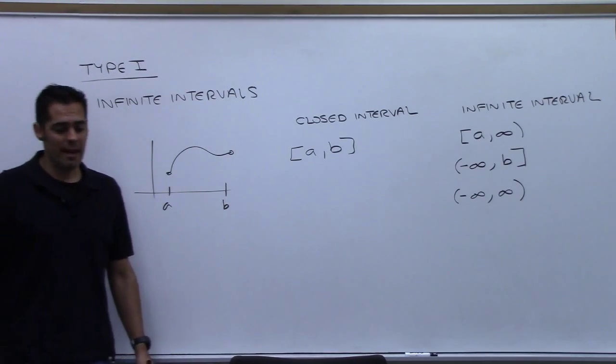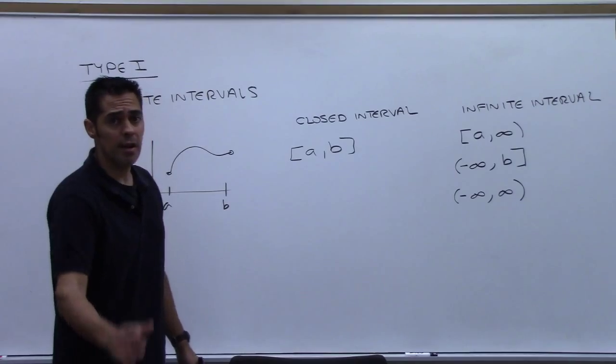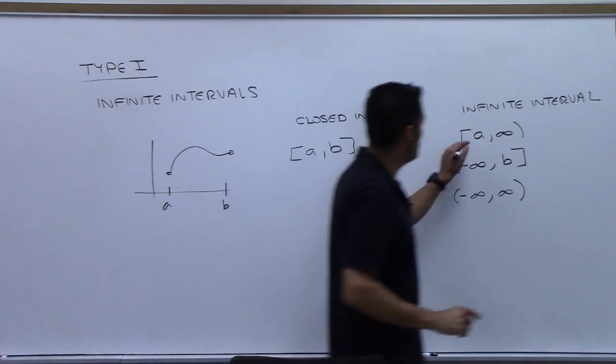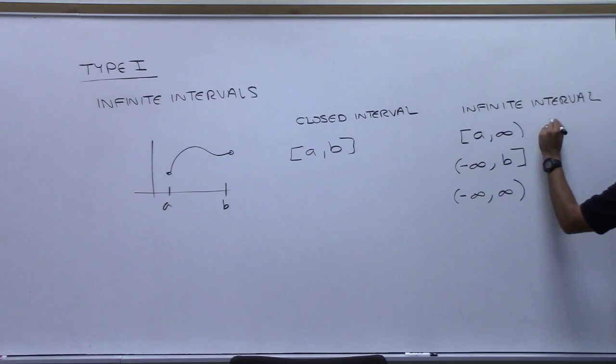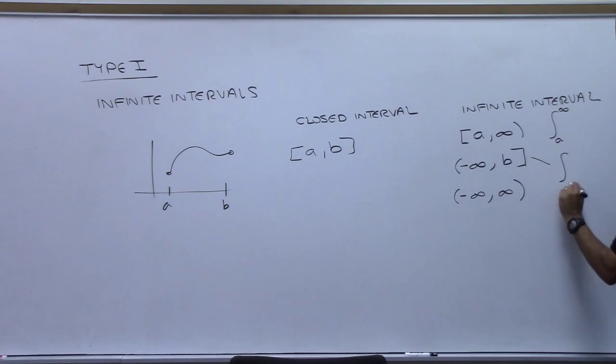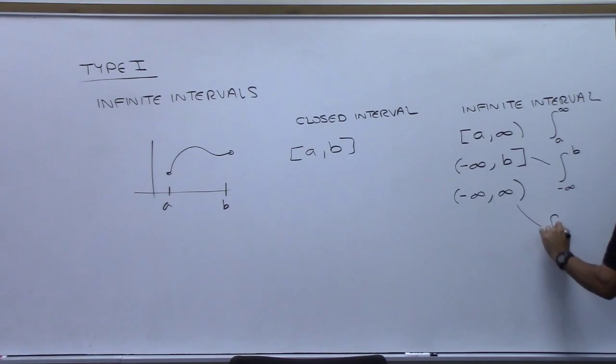And the notation we have for each of these when we're dealing with integration is given right there. So when you have this situation, your integral will go from A to infinity. Here, this integral will go from negative infinity to B, and then this integral will go from negative infinity to infinity.